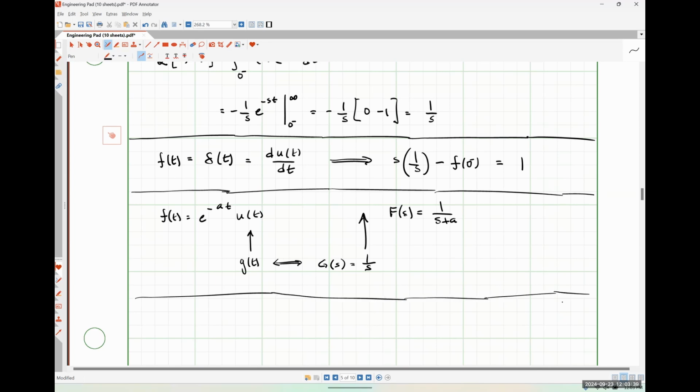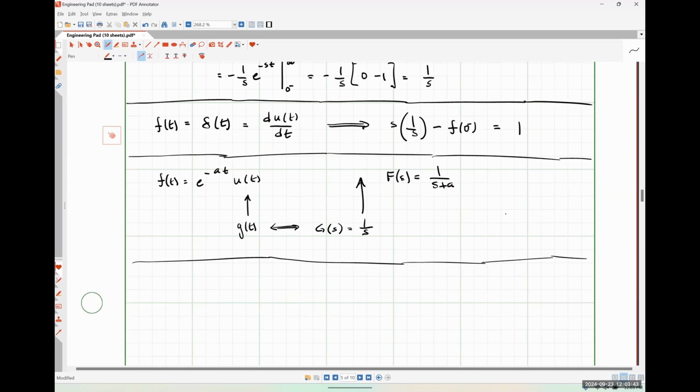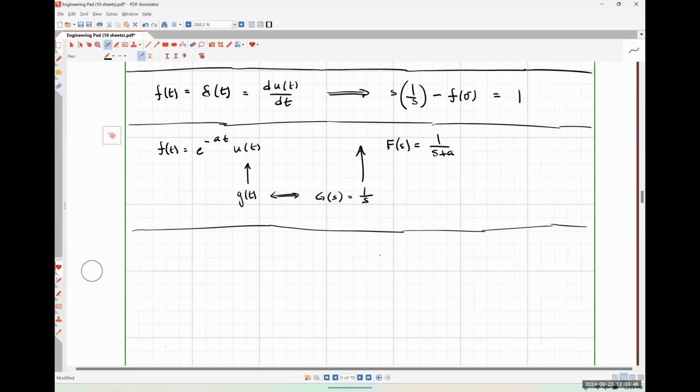Now we're going to have a little bit of fun with trig. I mean a very small amount of trig here. Okay. So let's say that f of t is equal to cosine of omega t, u of t. Do you guys remember Euler's identity from circuits 1? Looks like you guys are drawing blanks.